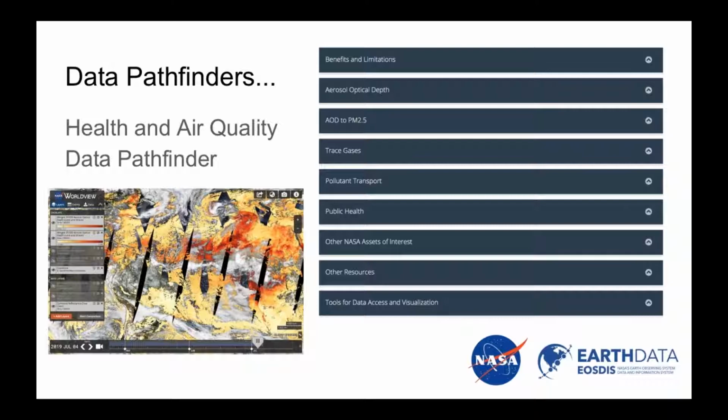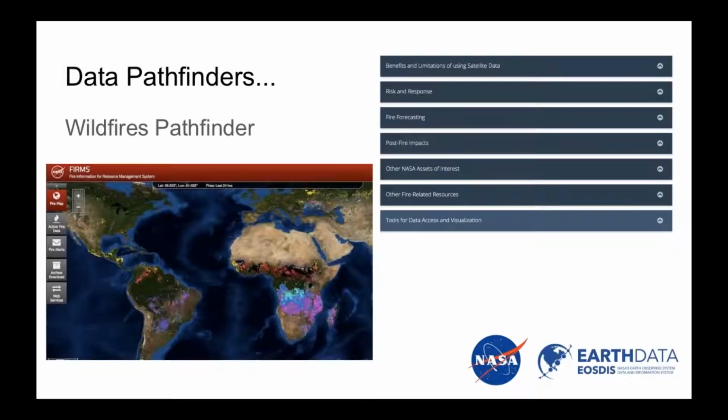I'm somewhat related to this effort. I don't actually use data. I'm responsible for some of the management of the effort for the Earthdata website. I'm Steve Barrick. I think I recognize some of you.